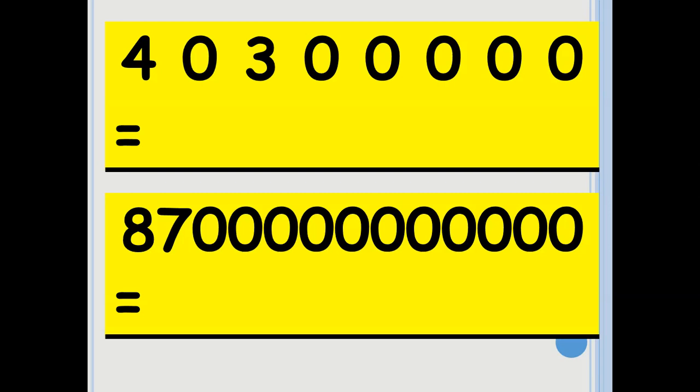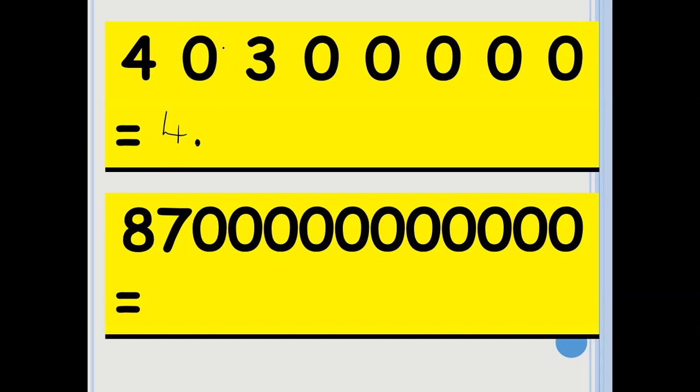So we're going to need to change them to scientific notation. Again, the 4 is the biggest number. It holds the highest place value. So I'm going to put that on the left of my decimal.